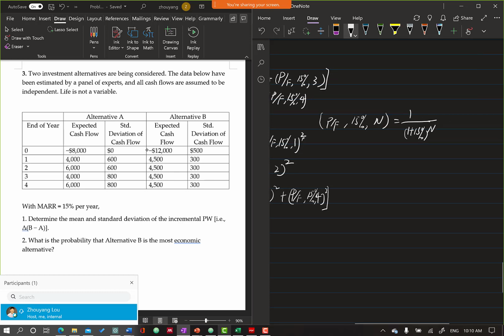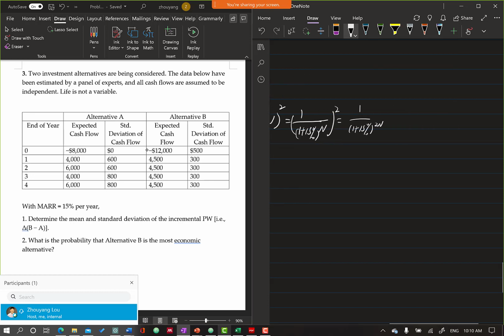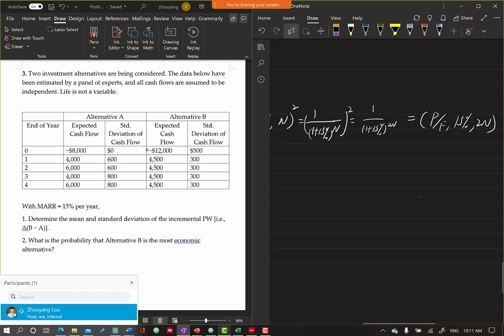So once we take the square of that, it's just double the n. So we have 2n, which is exactly the p given f factor, 15%, and 2 times n.